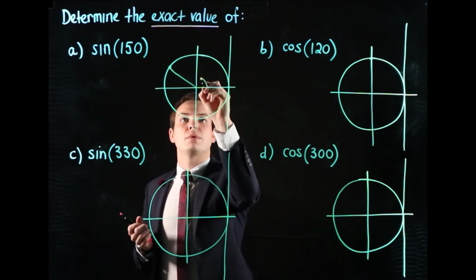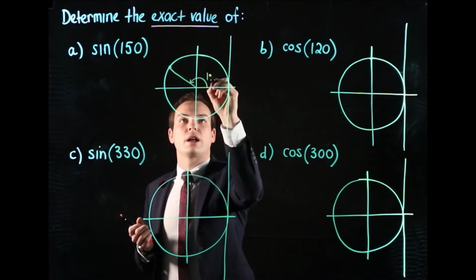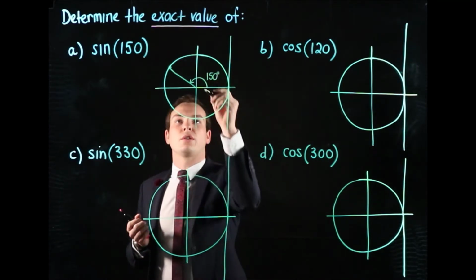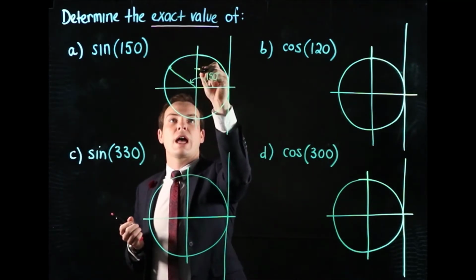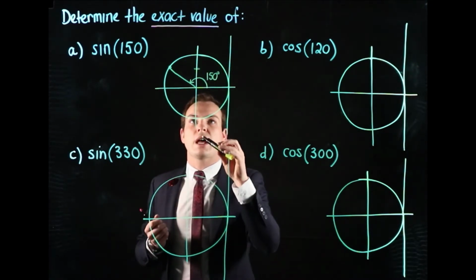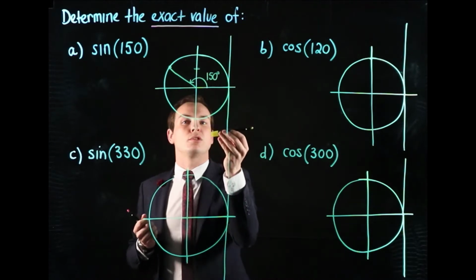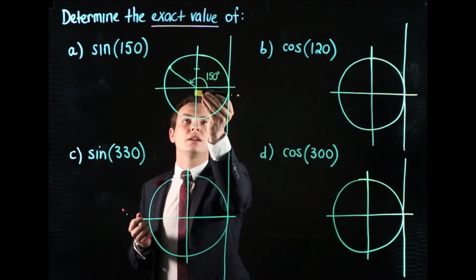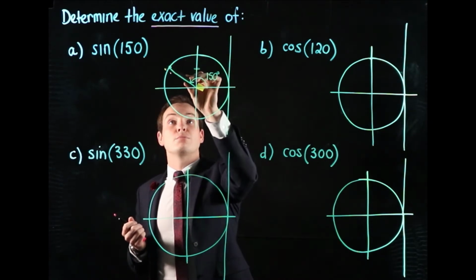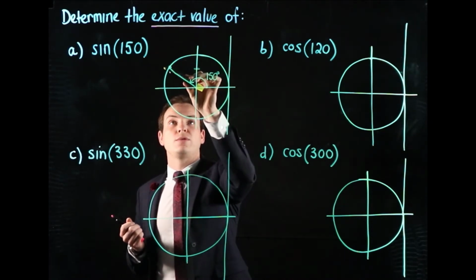Just to recap, that angle is going to be the 150 degrees, and sine of 150 degrees is going to be read off the y-axis. So it's going to be this value here. This is where having a diagram drawn roughly to scale is going to come in handy, because sine of 150 degrees actually takes us to the smallest known exact value for sine.